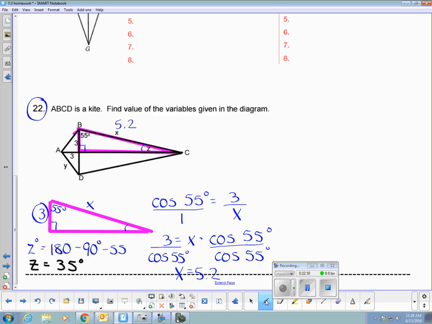To help me to find y, I'm going to use this little triangle right here.